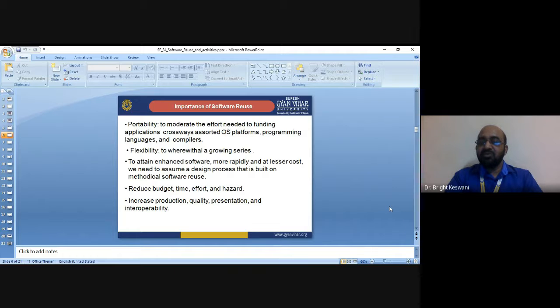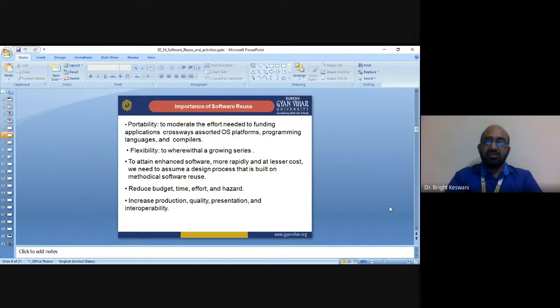We can increase productivity, we can increase quality, we can make the software more presentable, and we can also achieve interoperability when we make the software in a way that we can reuse it. These things are closely associated with software reusability.